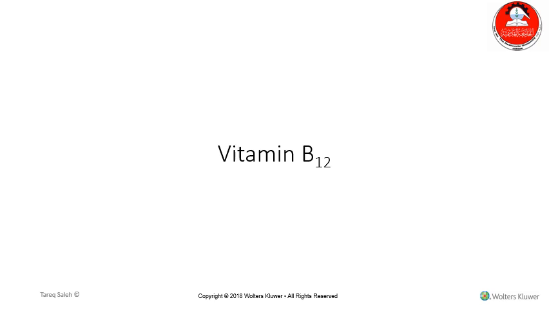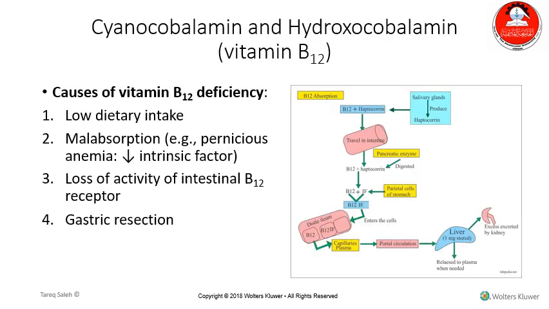And that takes us to another drug that is used for the treatment of anemia, which is vitamin B12. Again, deficiency in vitamin B12, similar to folic acid deficiency, can result in macrocytic megaloblastic anemia. Vitamin B12 deficiency can be mainly caused due to a low dietary intake.